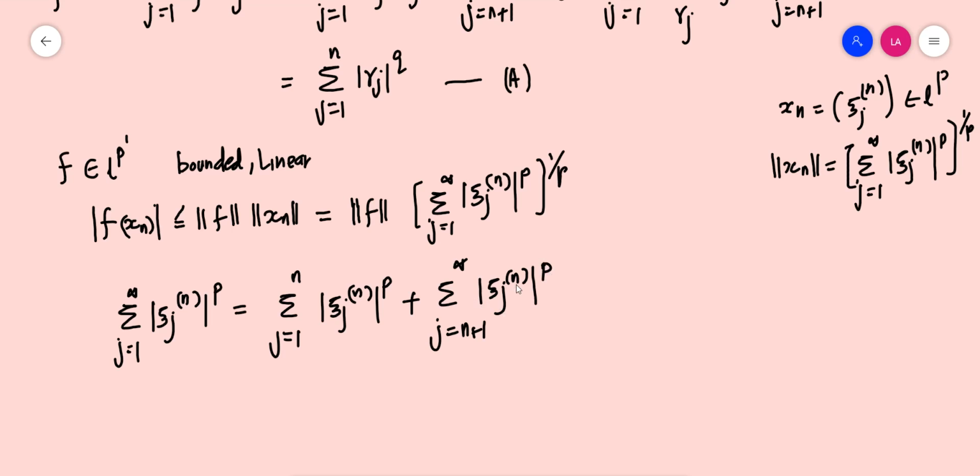Now after the nth stage theta jn is always 0, so this sum is actually 0.